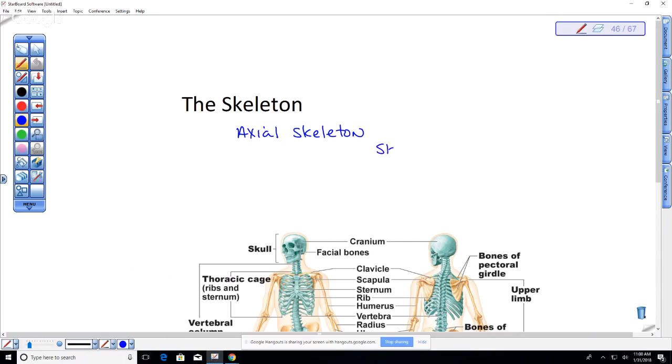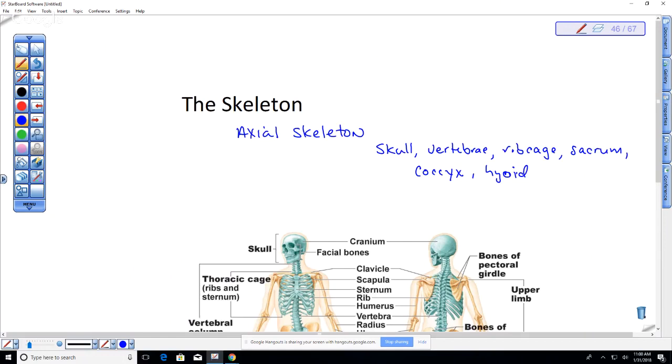So this includes the skull, the vertebrae, right, the rib cage, as well as the sacrum, the coccyx, and then also the hyoid bone. So the hyoid bone actually sits in the region of the neck. It's not technically part of the skull. So that would be the axial, and you can think of it as the center axis of our body.